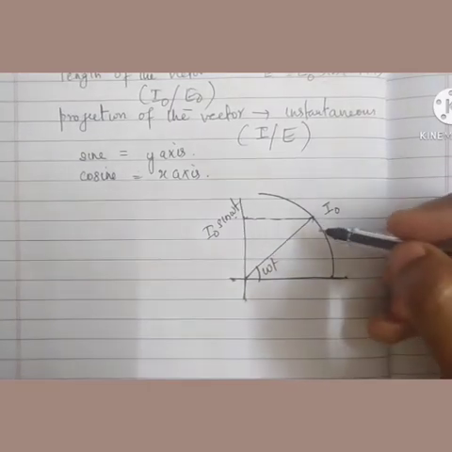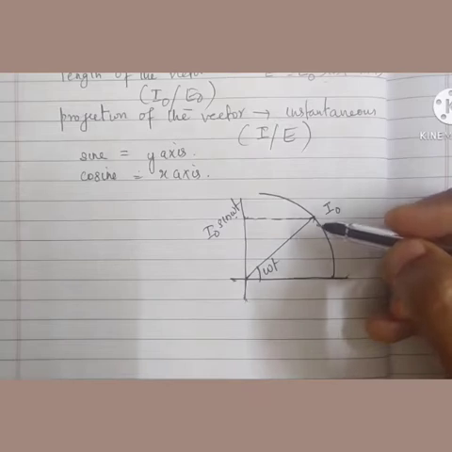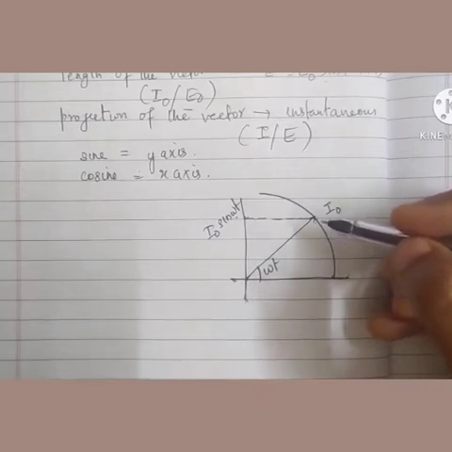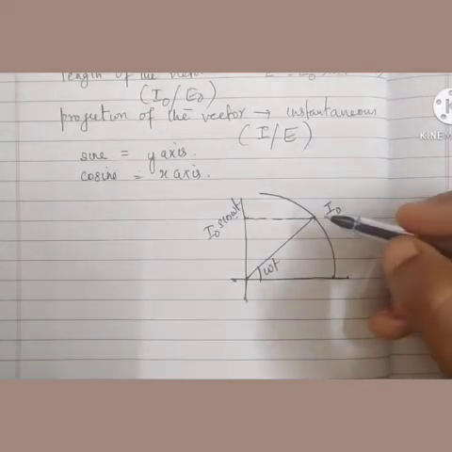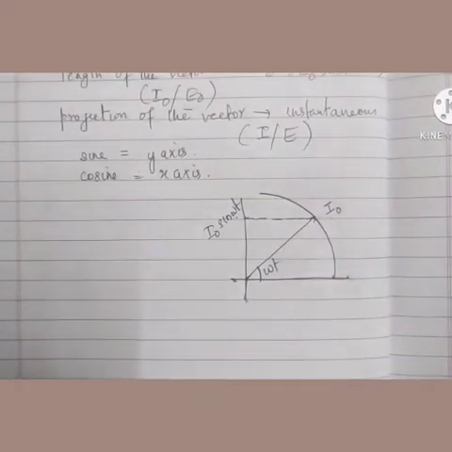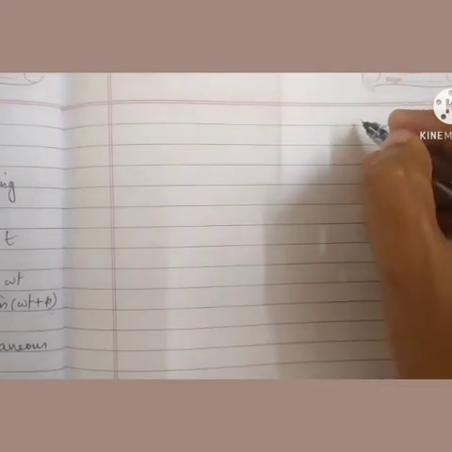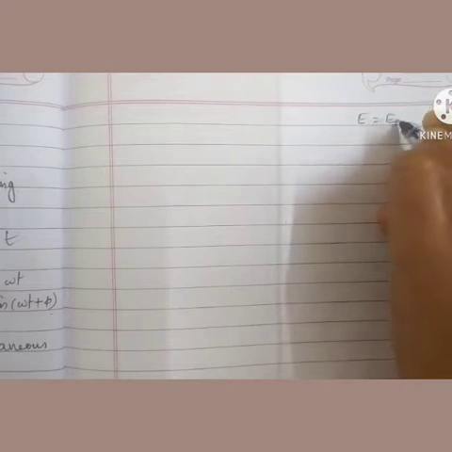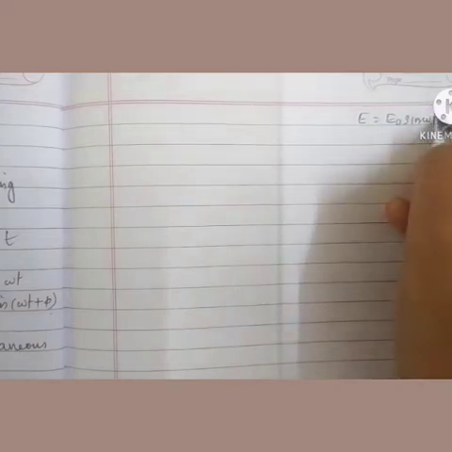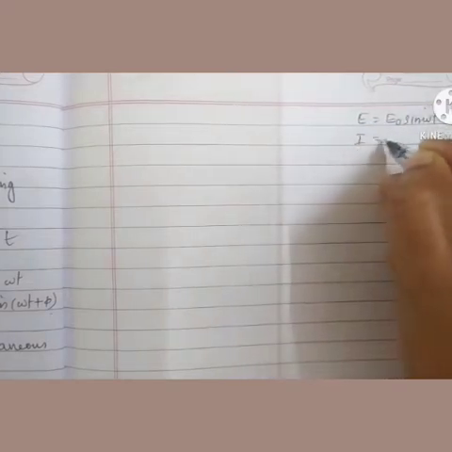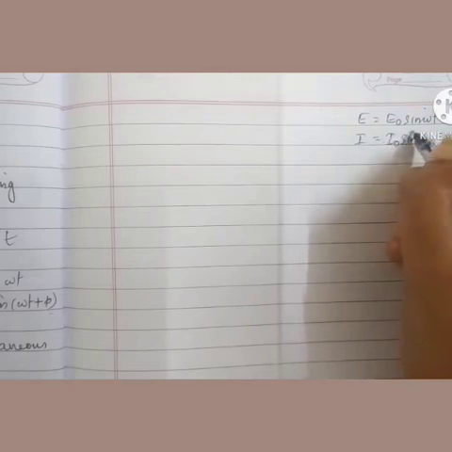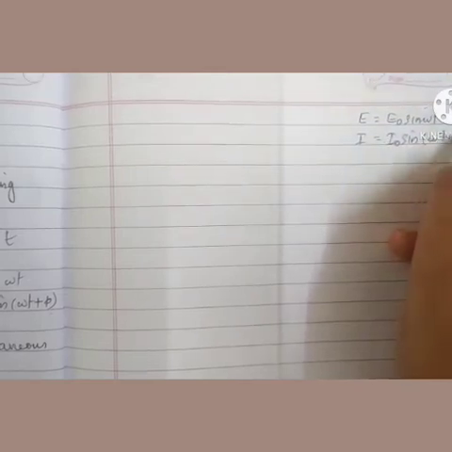In such a way, you can represent the alternating EMF also in the phasor diagram. Suppose the alternating EMF and current in a circuit are given as E equal to E0 sin omega t and I equal to I0 sin(omega t plus phi).